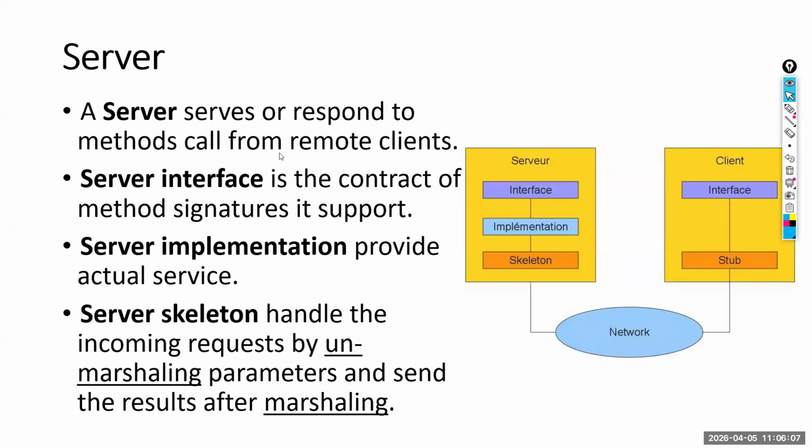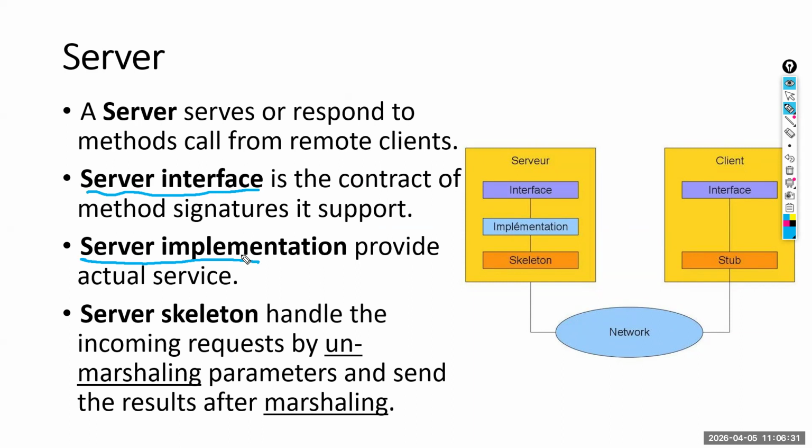Right. So in your server machine, because the server is the one that is going to respond, so serve method calls. So you need to have the server interface. Interface is the contract, right? So the interface is the contract telling that I have this service, I have this method. Then you need to have the implementation.